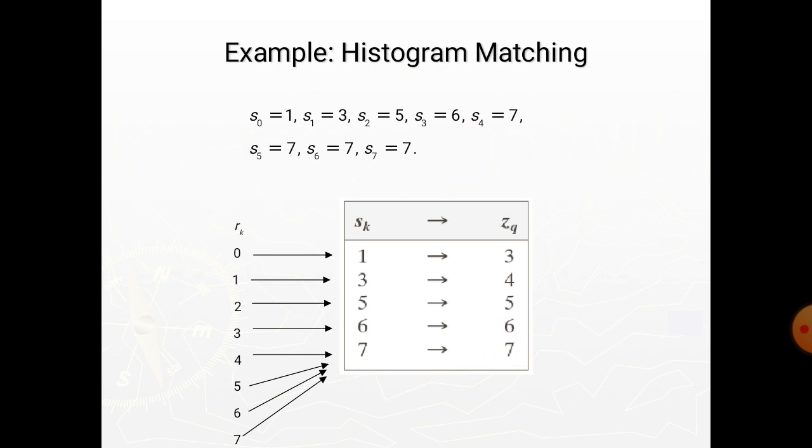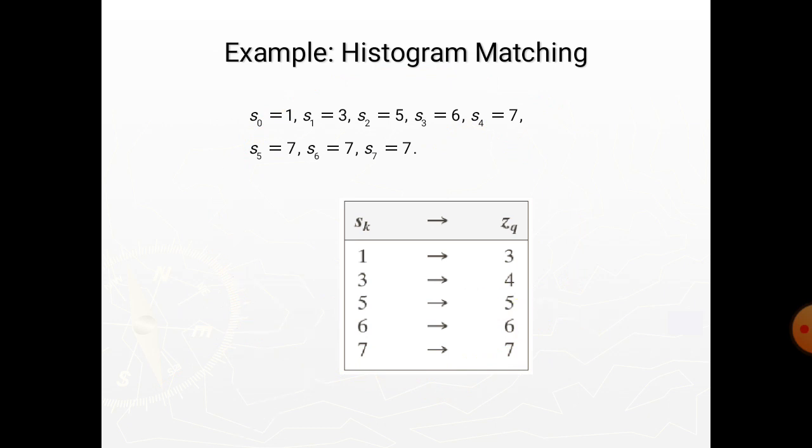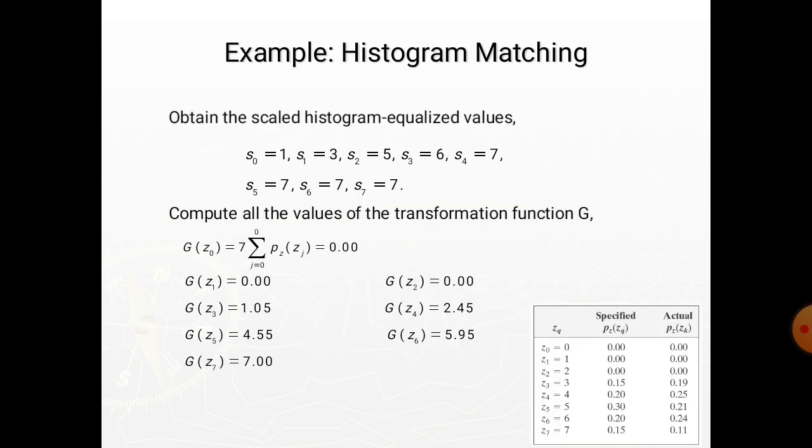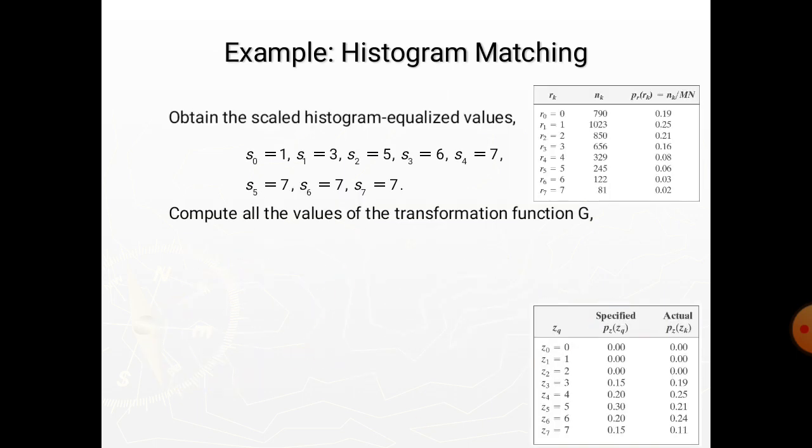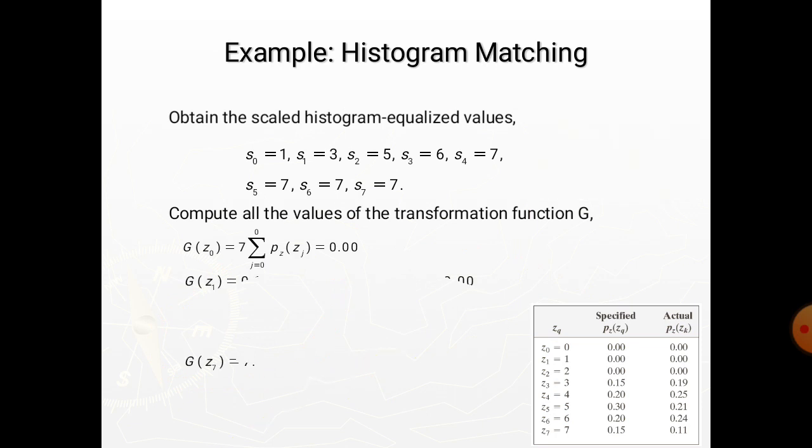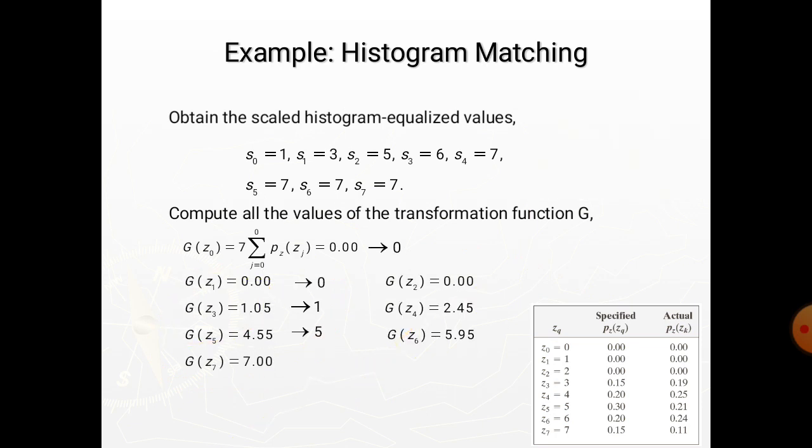For example, S0 equal to 1, then we see that 1 is a perfect match in this case. So we have S0 corresponding to Z3. That is, every pixel whose value is 1 in the histogram equalized image would map to a pixel value 3 in the histogram specified image.